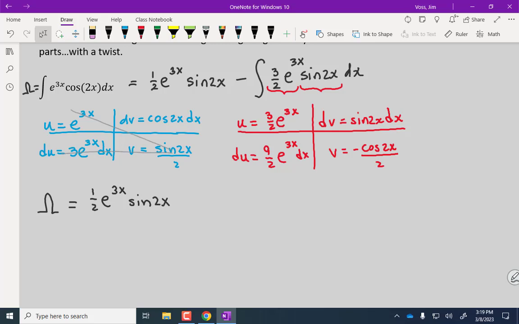So that's the case that we're in. All right, everyone okay with that? So there's that minus, and then here's uv. Now uv is negative, so minus a minus is positive. So that's going to make us plus 3/4 e to the 3x cosine 2x.